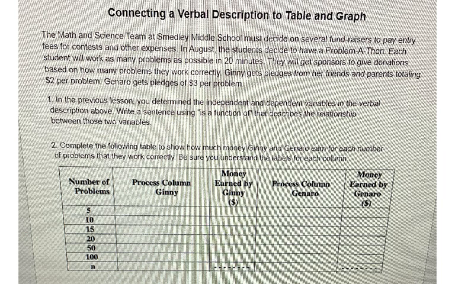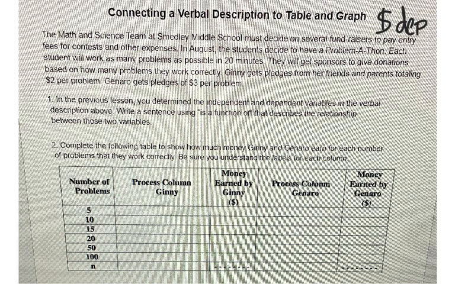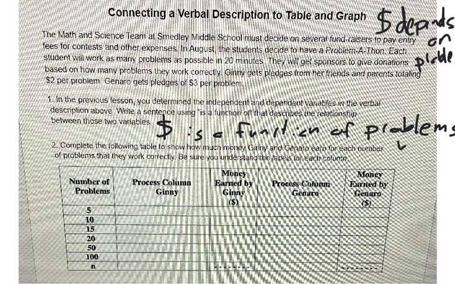So if money depends on problems, when we say is a function of, we would say money is a function of problems worked. I'm going to change it to money earned. I just think that makes more sense. Money earned is a function of problems worked.